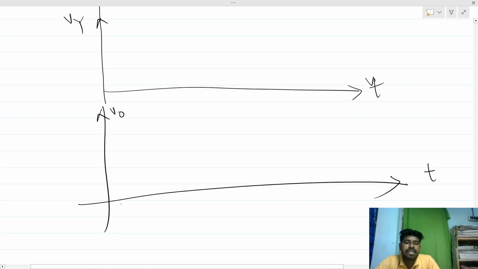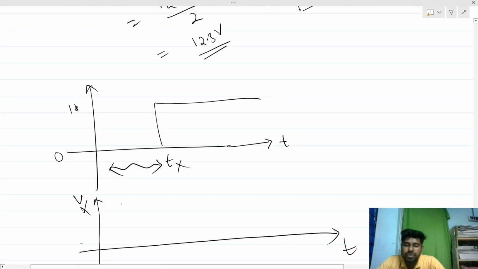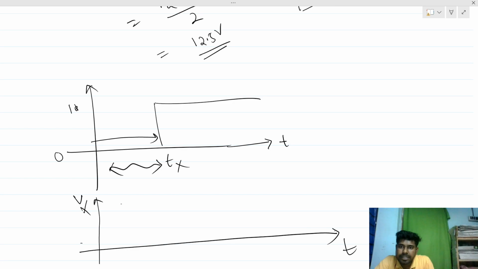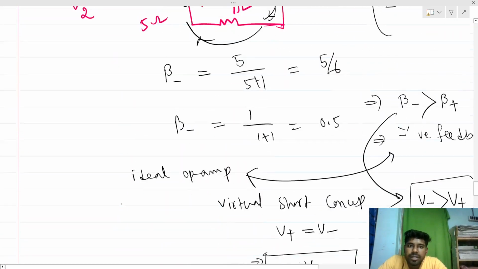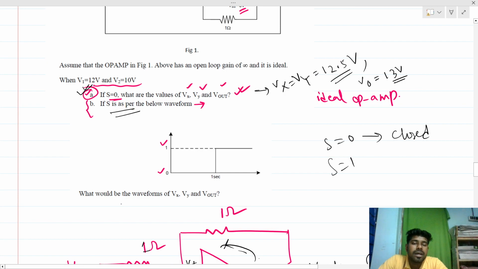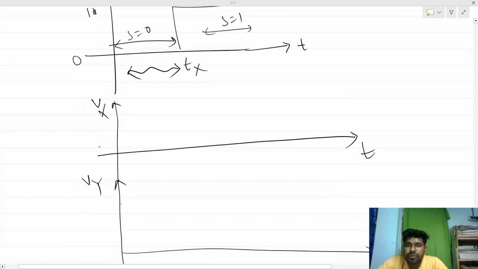We have already seen that when S is 0, so this is S is 0, and here S is 1. When S is 0, we can see this type of voltage, where I have written Vx equals Vy equals 12.5 and Vout is 13. So we can plot the waveform accordingly.